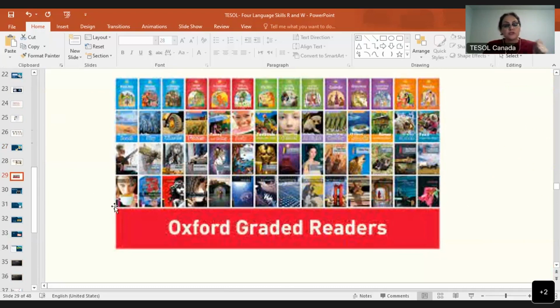But when you introduce the storybooks to your students, don't ask all of them to read one book, because extensive reading should be based on their interest and they should enjoy reading it. So it's good to introduce 3 books in 3 genres.